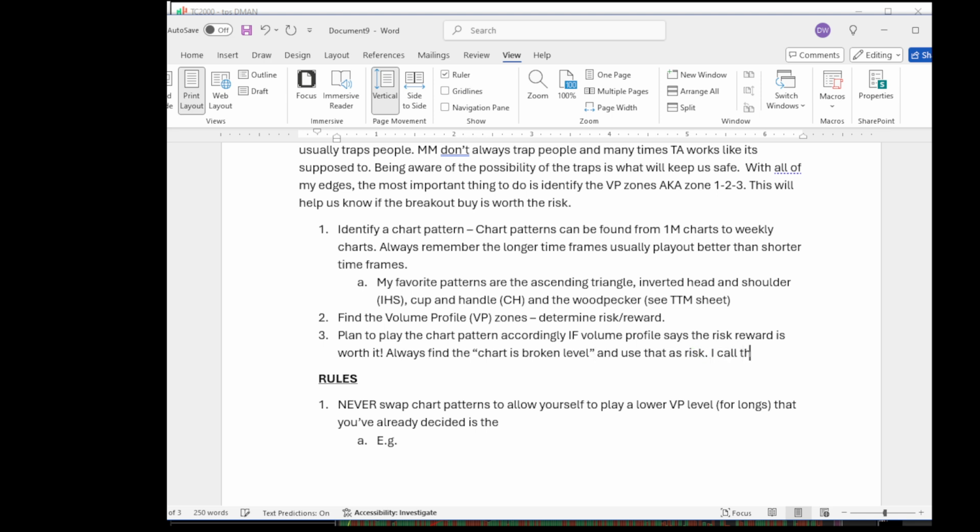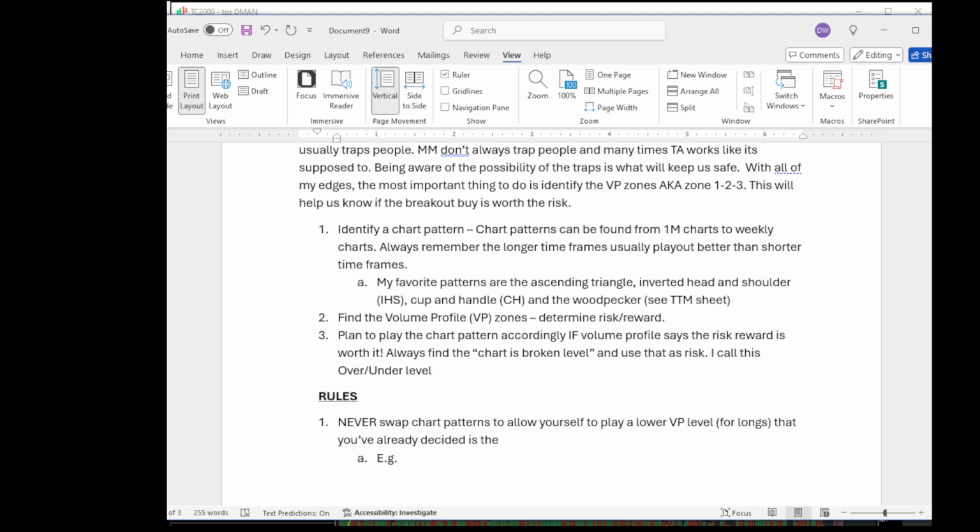I call this over under level. Over under. As you've already decided, is the over under level. Does that sound good? Does that look good?